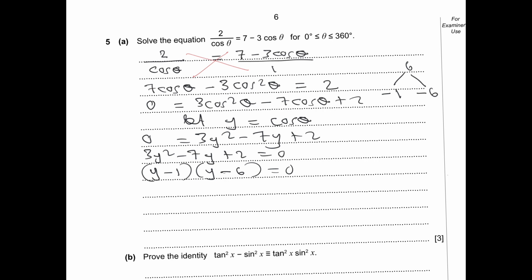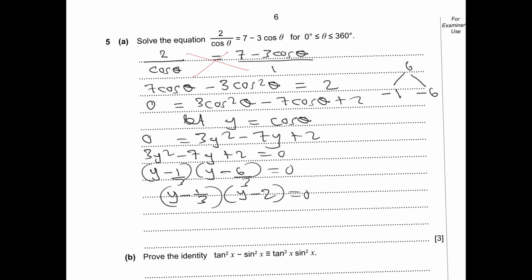But since the coefficient of y squared here is 3, we're going to divide by 3. So I'm going to have over 3 there, over 3. So my equation is negative 1 over 3 y minus 2.